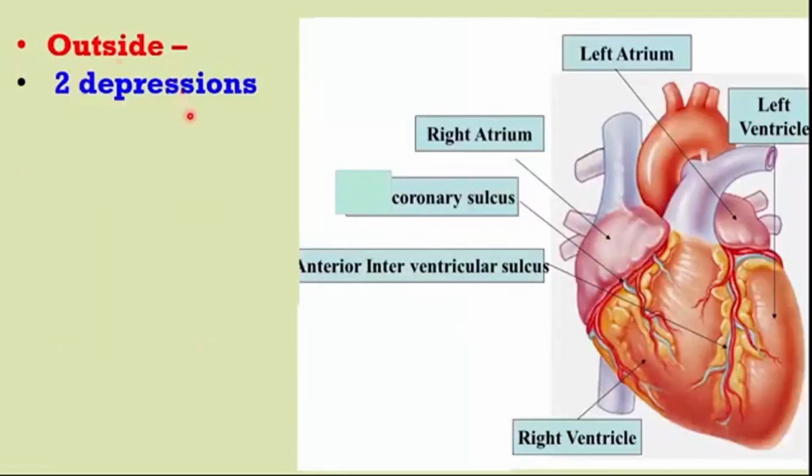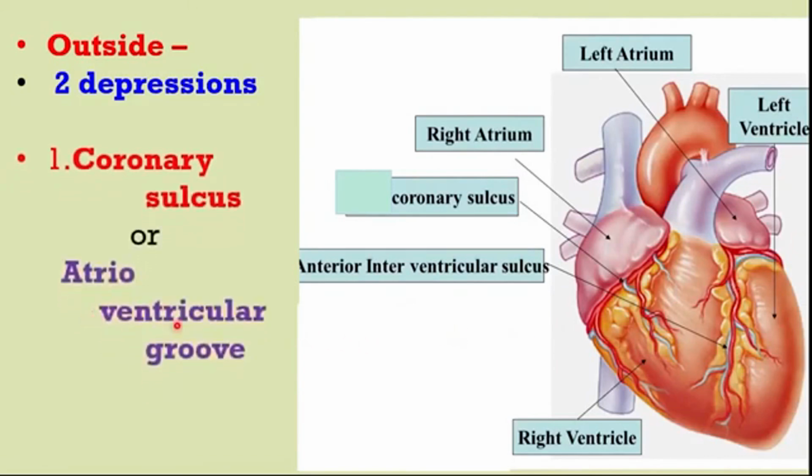We find 2 depressions on the outer side of the heart. These depressions are grooves. They separate the different chambers of the heart from one another. The first groove is coronary sulcus or atrioventricular groove. Observe the picture. Coronary sulcus, it is a transverse groove.